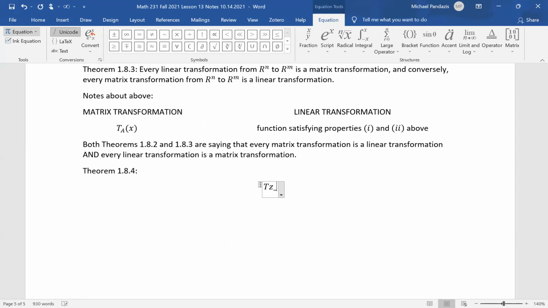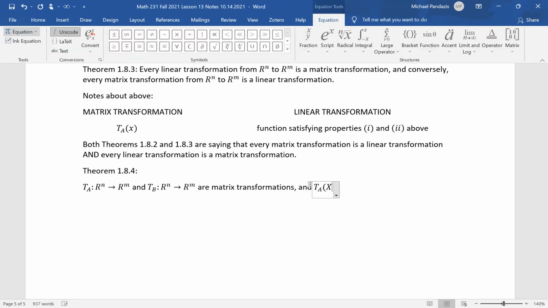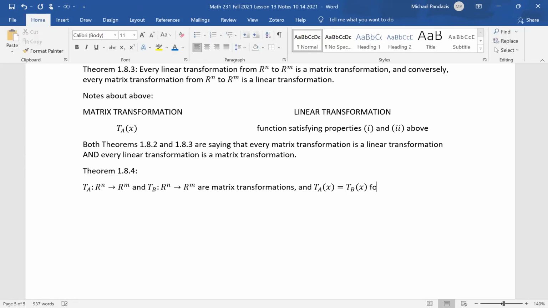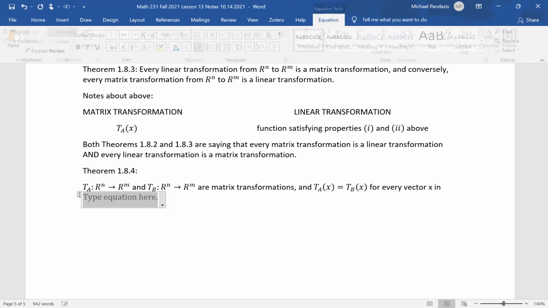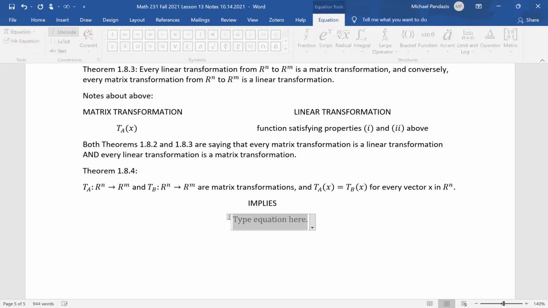Let's say you have that the maps T sub A from Rn to Rm and T sub B from Rn to Rm are matrix transformations, and T sub A of X is equal to T sub B of X for every vector X in Rn. That statement implies that A equals B.